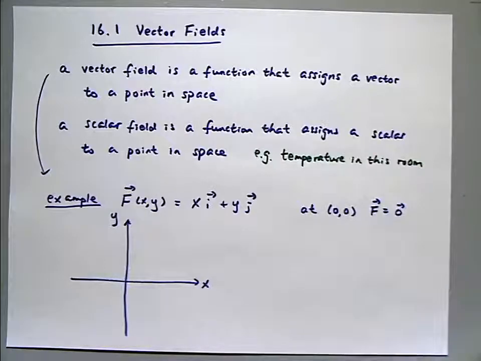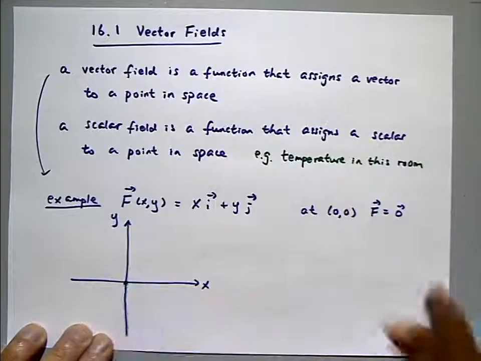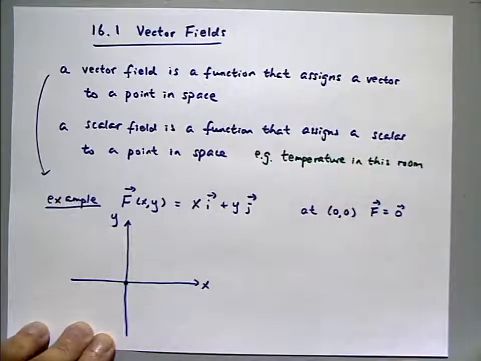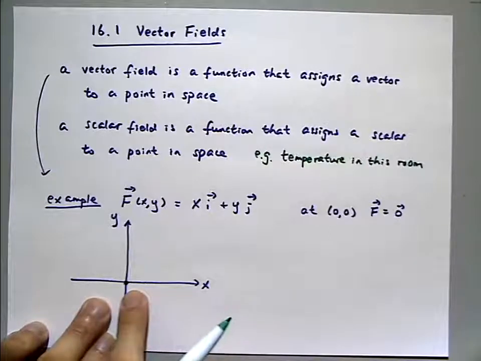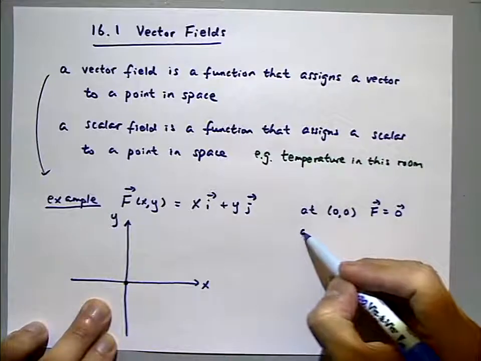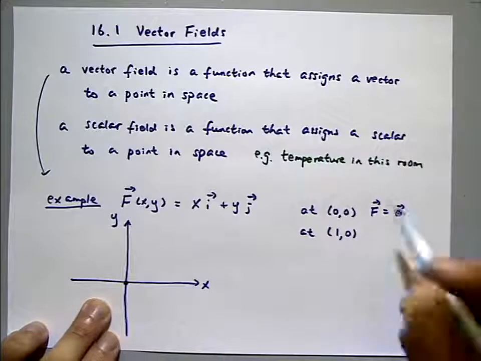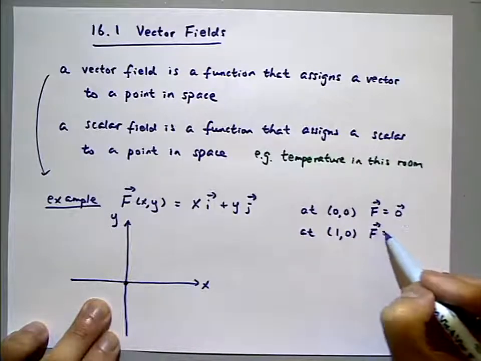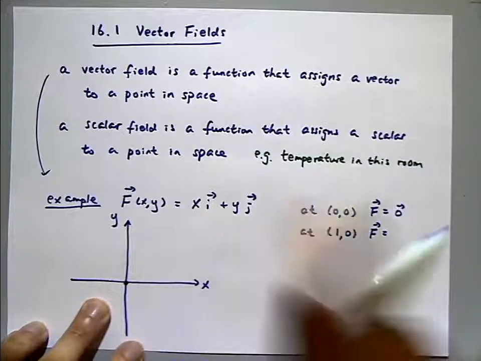At the point 0, 0, this vector is 0i plus 0j, right? So at 0, 0, which is right here, the vector has no magnitude and no direction, so it's a dot. Now let's pick a few more points to see what's going on. At the point 1, 0, for example, the vector is 1i plus 0j.